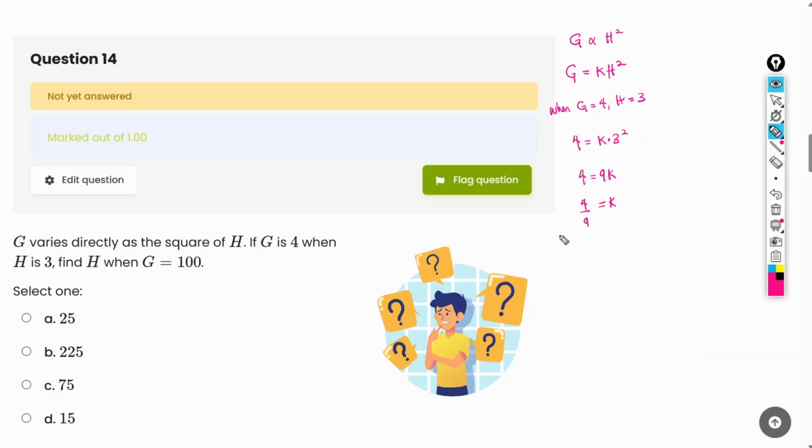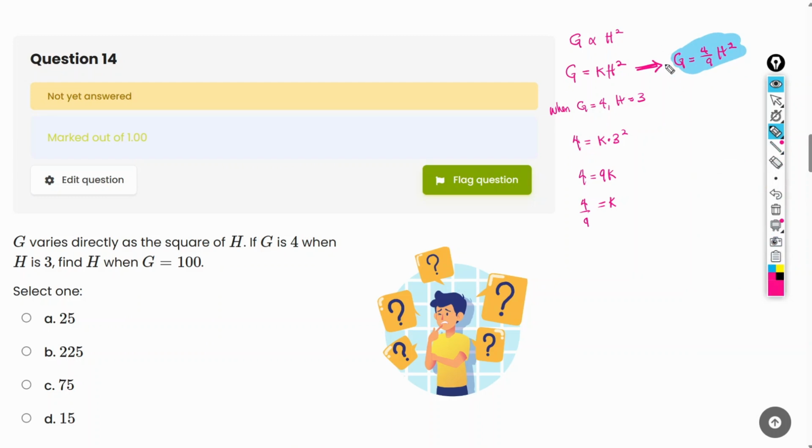So we can rewrite this as G is equal to 4 over 9 H squared, because we have our value for K now. That is the very important general formula for this relationship.